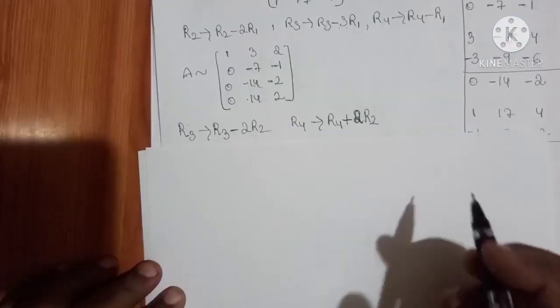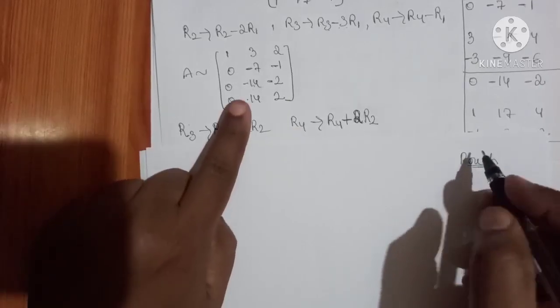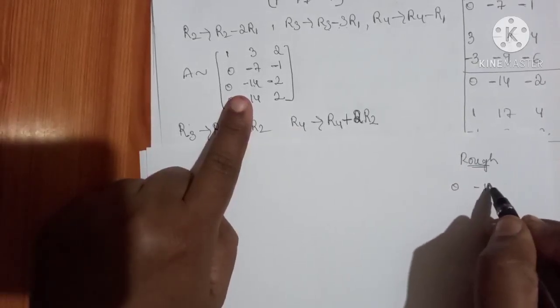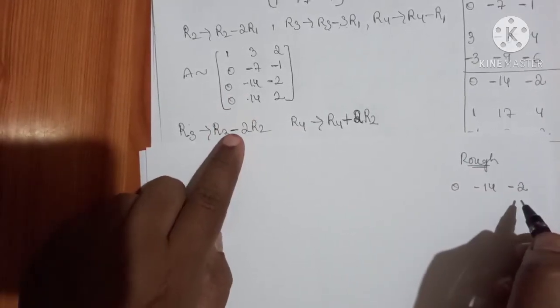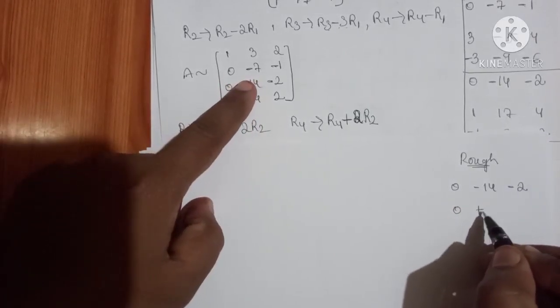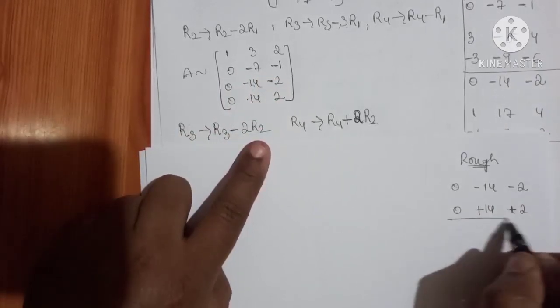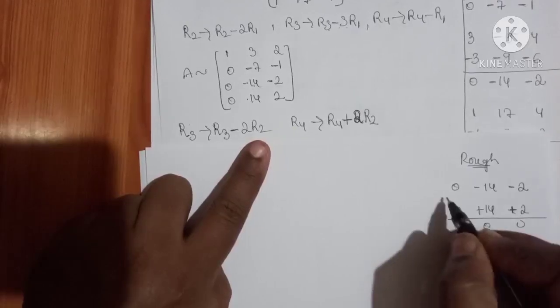In the rough work, R3 elements are 0, minus 14, minus 2, minus 2 into R2: minus into minus we get plus 14, minus into minus plus 2, we get 0, 0, 0.